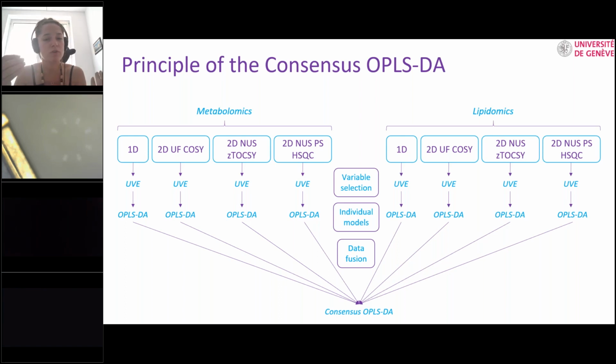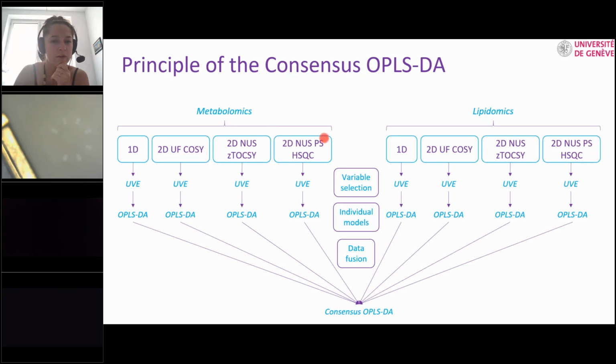But we first wanted to look also at how each of the individual datasets were performing. So what we've done is that we perform an OPLS-DA, a supervised statistical model, on each of the datasets. And we then look at, I don't know if you can see, you should be able to see my pointer now.